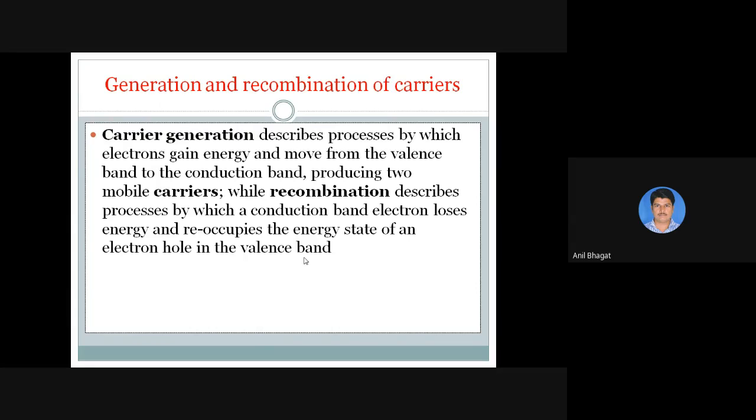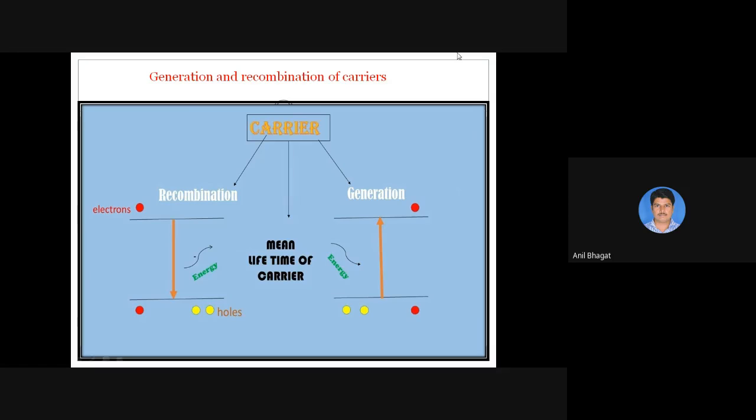An LED always emits light because recombination takes place and the energy is released in the form of light. After the electrons recombine, they produce current in that device. So this is the very important flow chart of how carriers recombine and how they are generated.